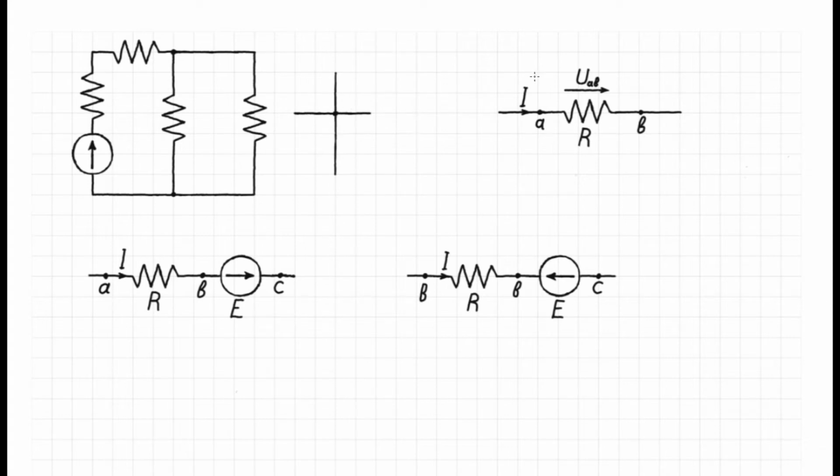And in the next picture, this picture contains a resistance, and one branch of the circuit is simple. This branch consists of one resistance.